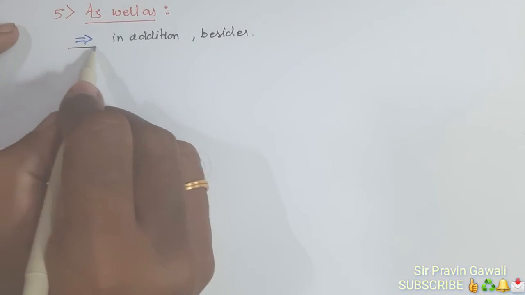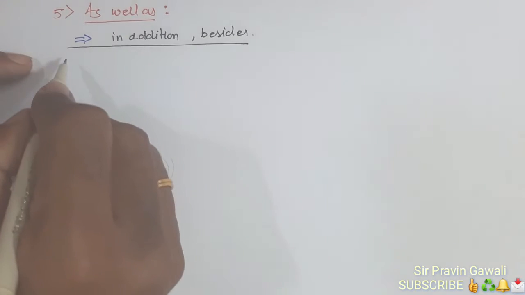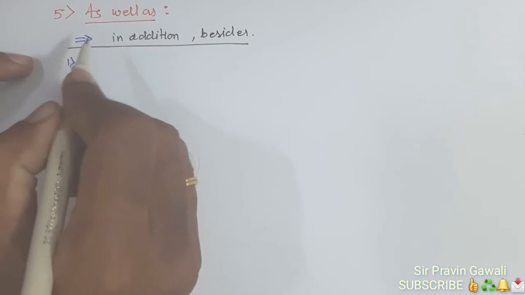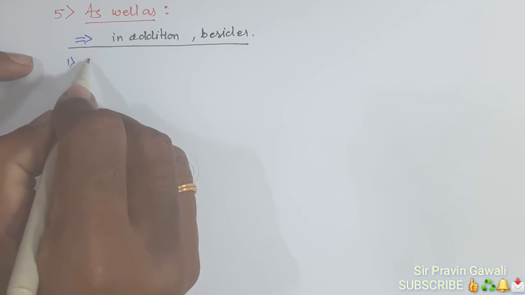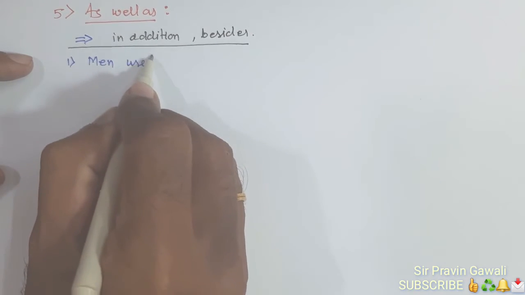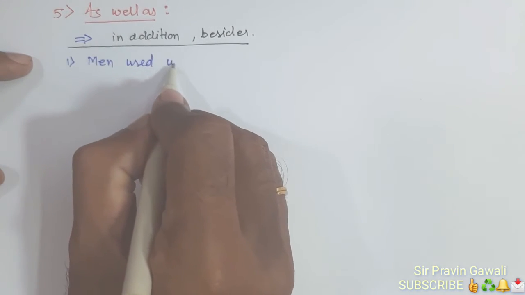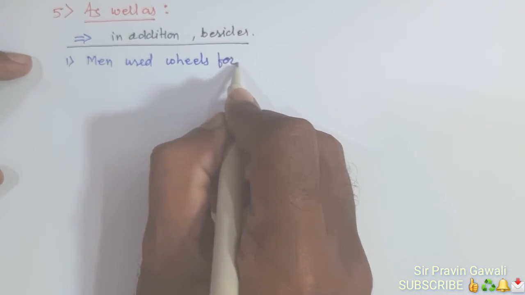Okay. Now let's learn with some of the examples. See student, we know the method of constructing the sentences. Okay. Now let's have an example. Men used wheels for transport.